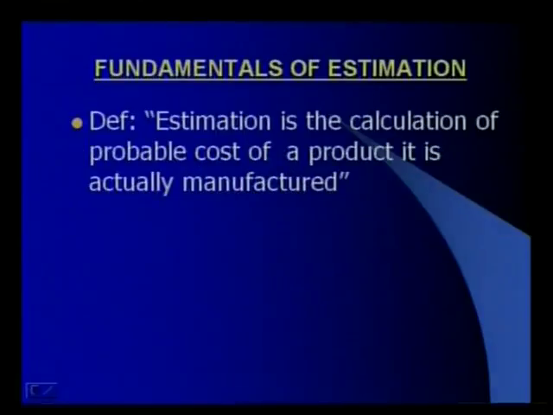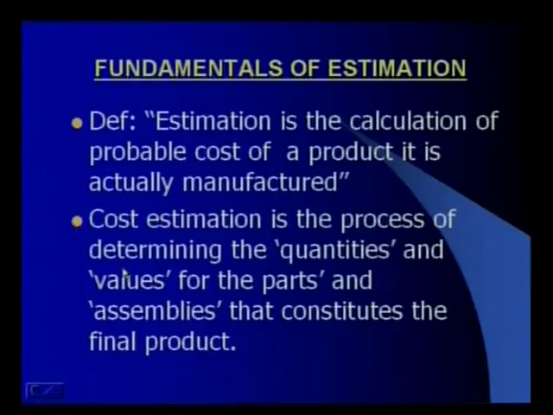Okay. Now we are going to another topic, fundamentals of estimation. Estimation is the calculation of the probable cost of the product before it is actually manufactured. In order to calculate the cost of the product, what we do is called estimation.